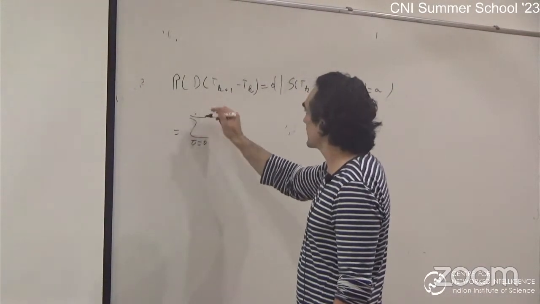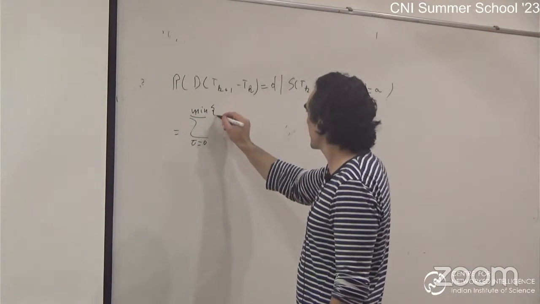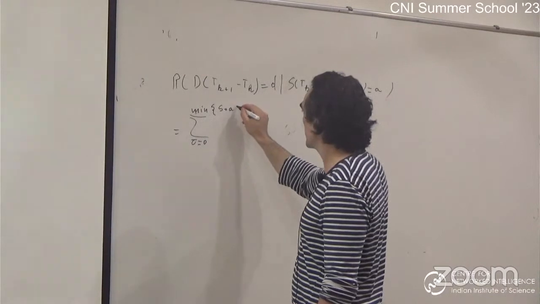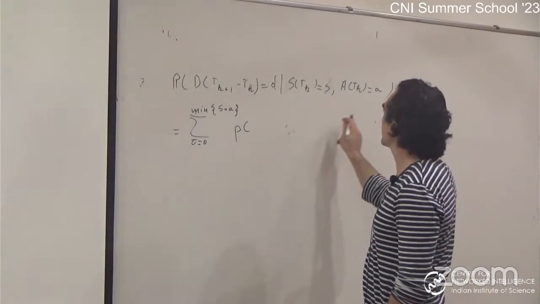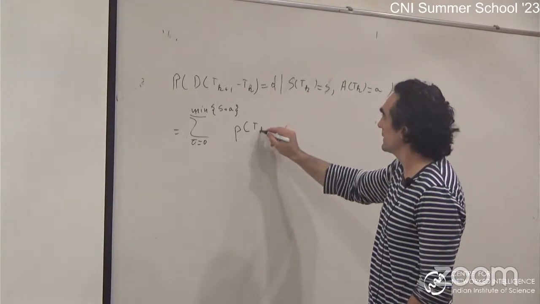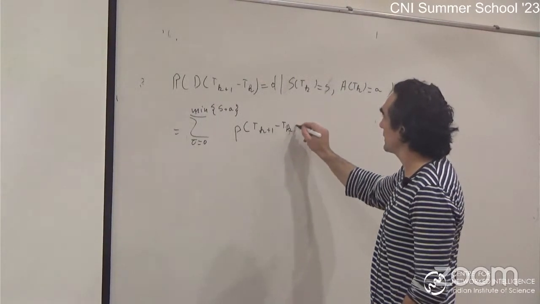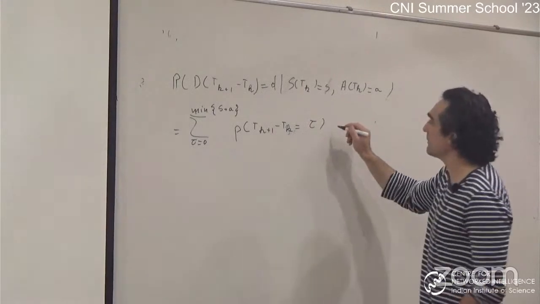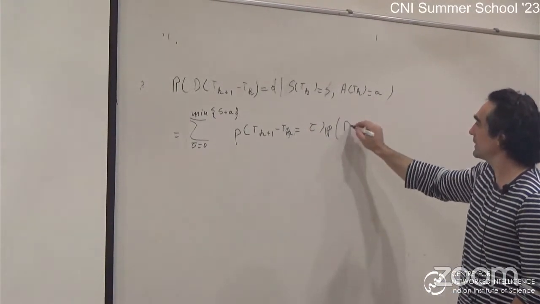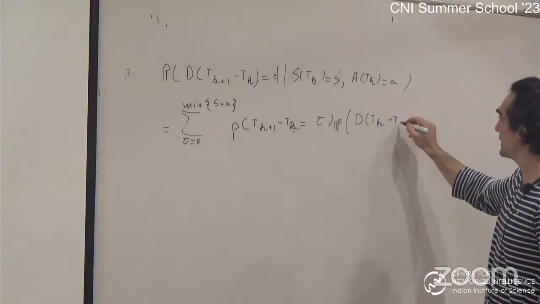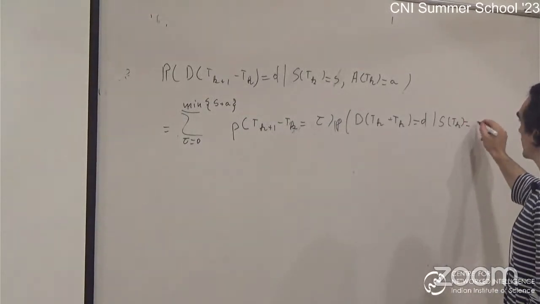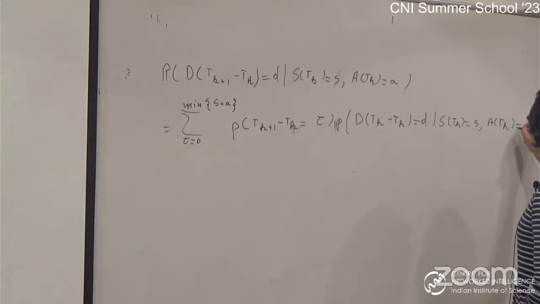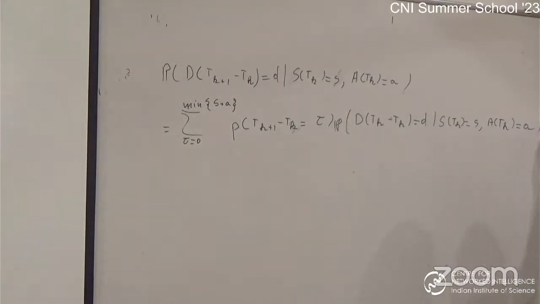No, it is min of S plus A, of the probability that tk plus 1 minus tk is equal to tau, multiplied by the probability that E of k equals d, knowing S of k is S, A of k is A, and tk plus 1 minus tk equal to tau, right?